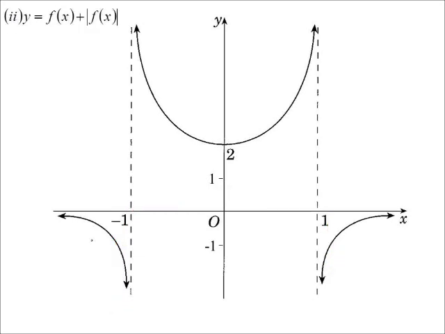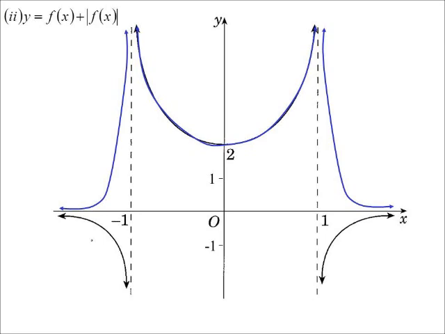So the next one was quite interesting. Function x plus the absolute value of function x. Well, we've got function x. I guess the next thing to work out is what is the absolute value of function x, and then we'll add the two curves together. So absolute value of function x, that's the one where we get what's below, reflect it above.